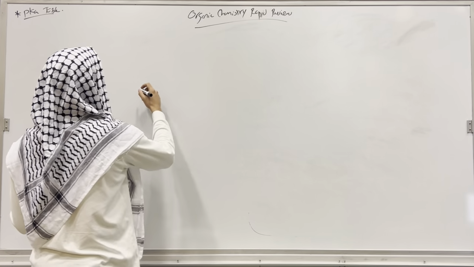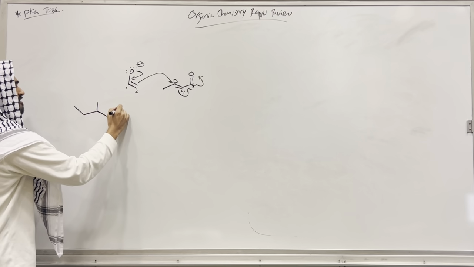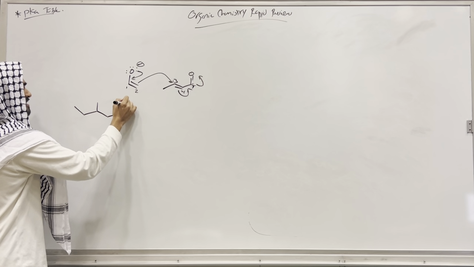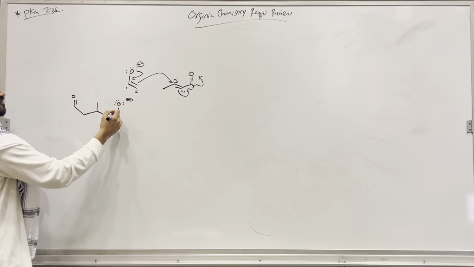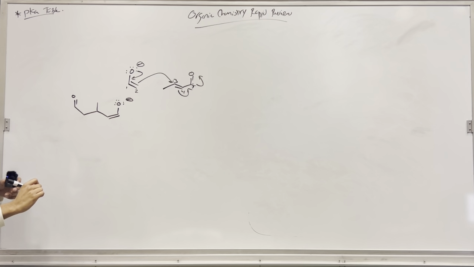Well, this is hard to draw, so I'm going to number these: 1, 2, 3, 4, 5. So 1 connects to 2, connects to 3. 3 has a methyl group on it and connects to 4 and to 5. 5 has an O minus. 1 has a double bond. And 4 and 5 are connected through a double bond. And that's it.